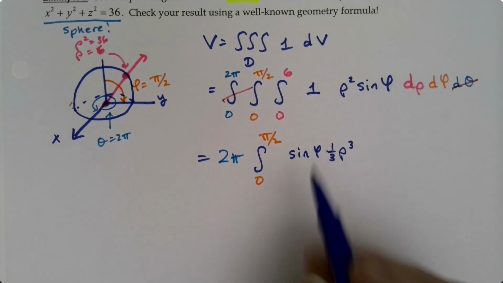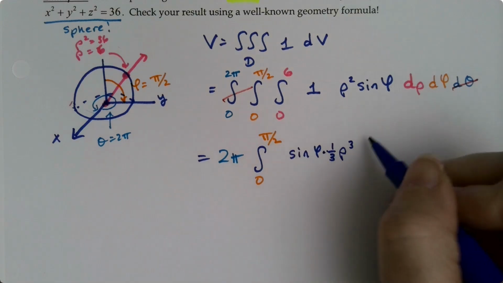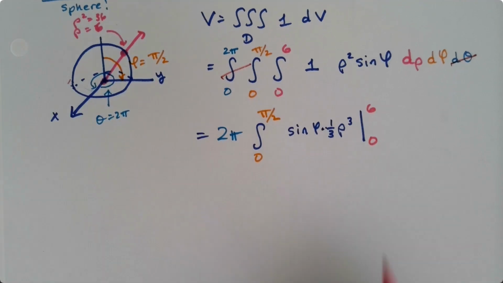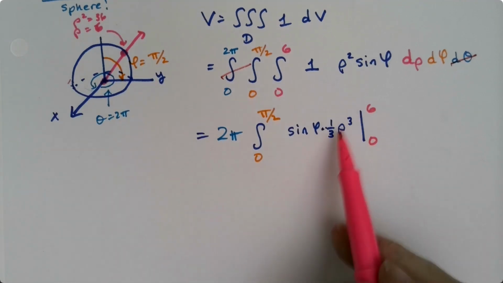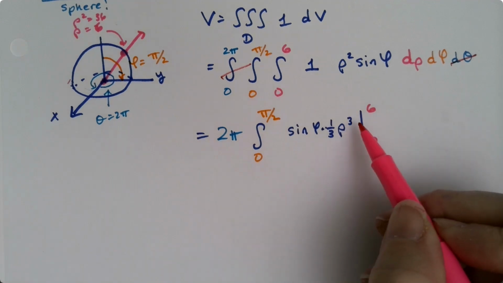Now, we could leave the third there, or we can bring the third out in front, right? And then we're taking that from 0 to 6. So actually, I think I'm going to bring this out in front, for starters. And for another starter, 6 cubed, right? We can find what that is. That's 216.